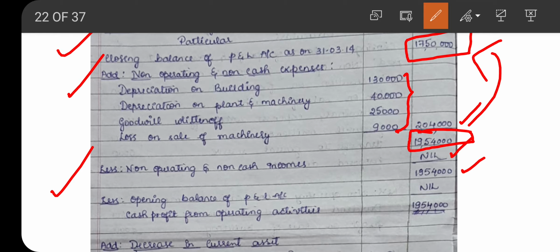Less opening balance of profit and loss account. In this problem the opening and closing balances are not given separately. Instead, they have given you the net profit itself, so there is no opening profit and loss account balance, so it is also nil. So cash profit from operating activities will be 19,54,000.